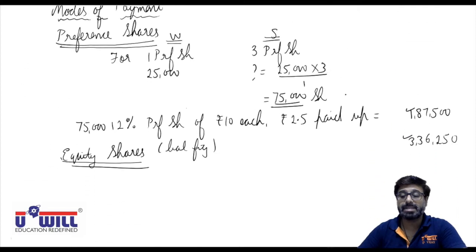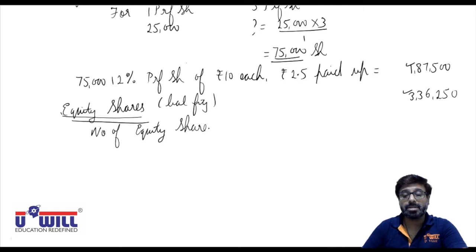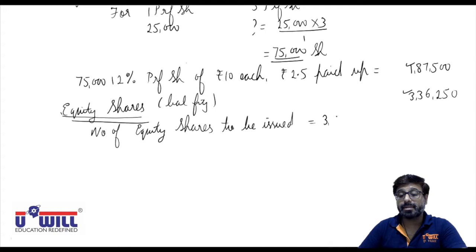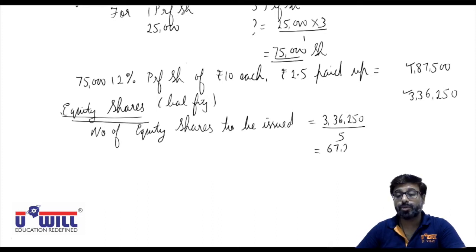The number of equity shares to be issued will be equal to 3,36,250 divided by 5, because it is 5 paid up. 3,36,250 divided by 5 is 67,250 equity shares that will be issued.